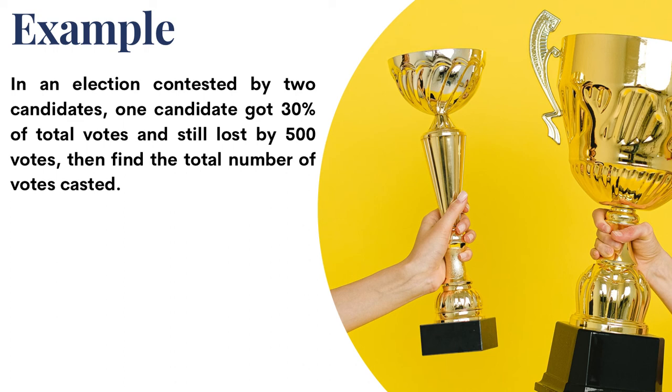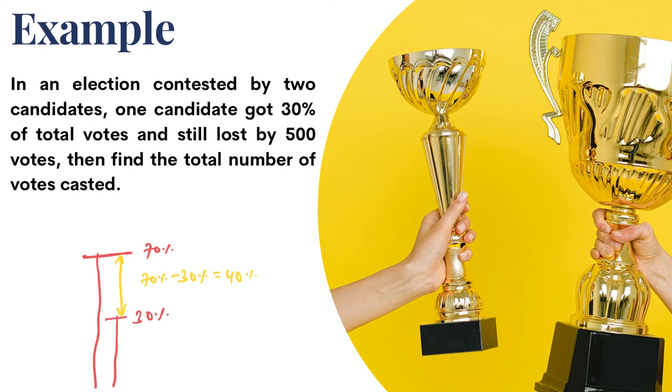So the first contestant got 30% votes, and the second got the rest of the votes. So the rest is 70%. So what is the gap between them? The gap between them is 40%. 70% minus 30% equals 40%.